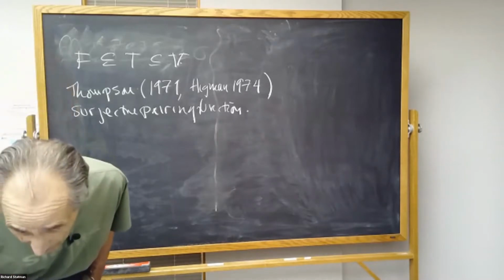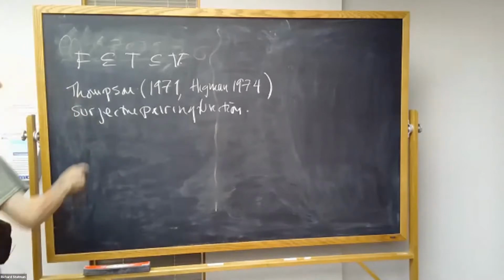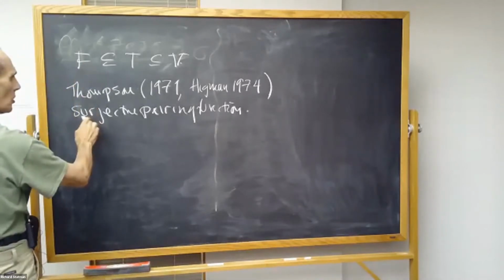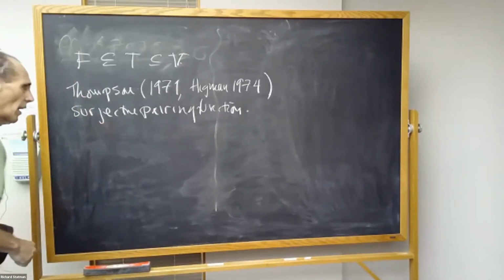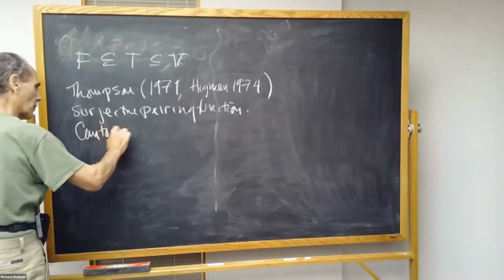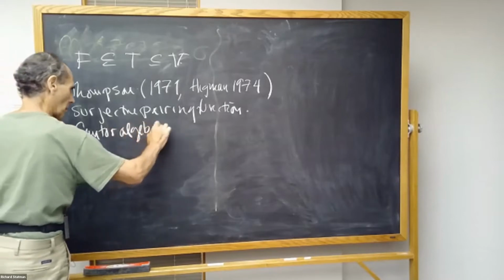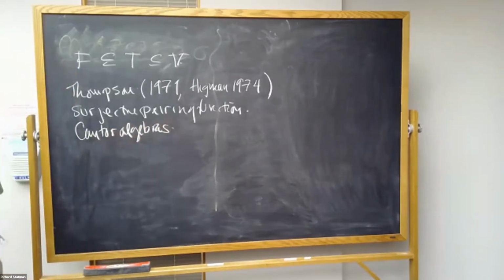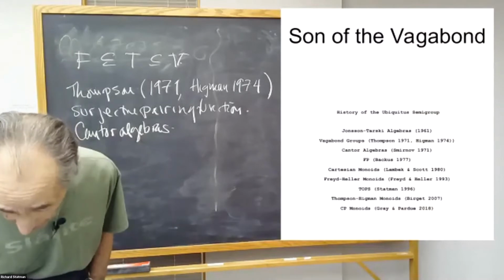The next example, oh yeah, Smirnov takes this idea of surjective pairing functions and generalizes it to what he called Cantor algebras. And these are very simple theories of a surjective pairing function.